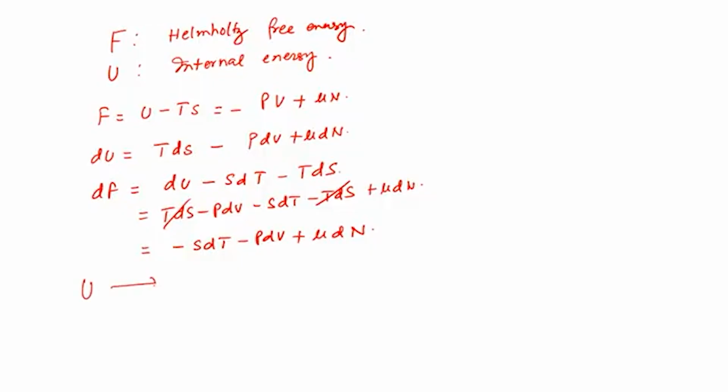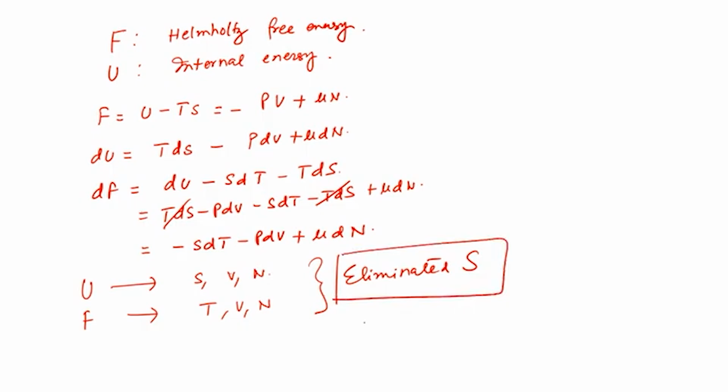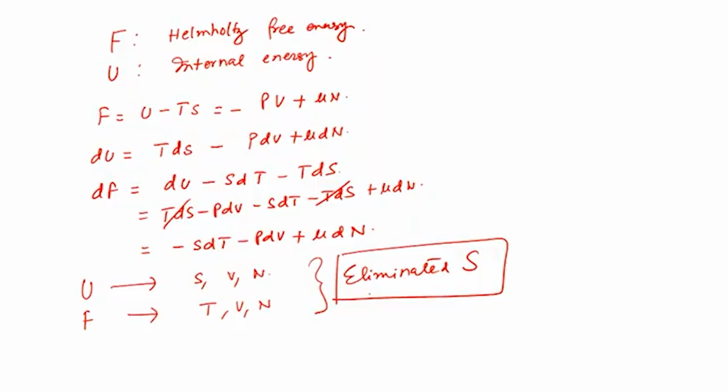While U was a function of S, V and N, F is a function of T, V and N. So, we have eliminated S. Because S is not a useful quantity when you have connected it to a temperature bath or a heat bath, and it is a non isolated system, an open system, it is more convenient to talk about T, V, N, replacing S by T, which is an intensive variable.